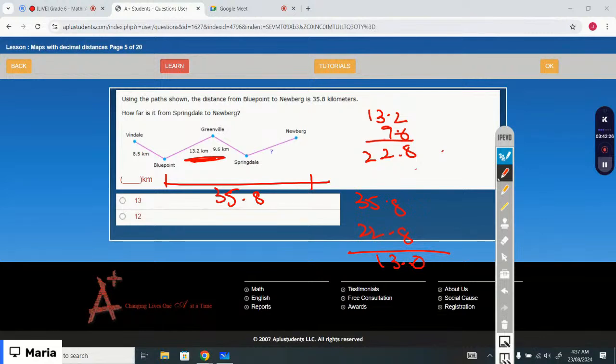You simply have to add or subtract from here. Let me explain. Just listen to me carefully. The question says, using the path shown, the distance from Blue Point to Newburgh. Here is Blue Point and here is Newburgh, right? So the distance from here to here is 35.8.